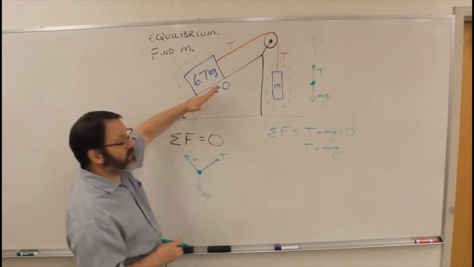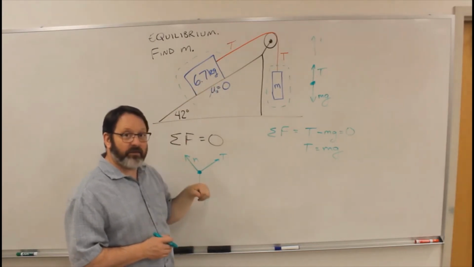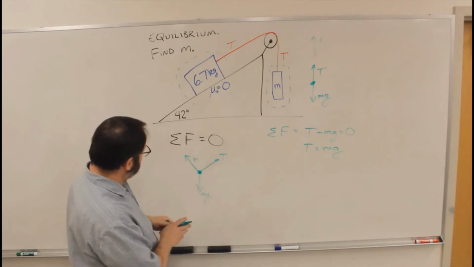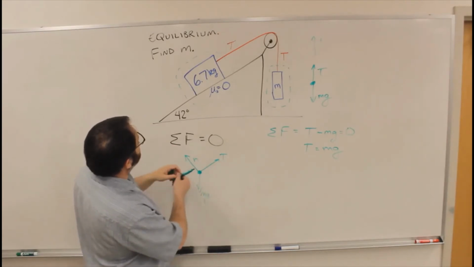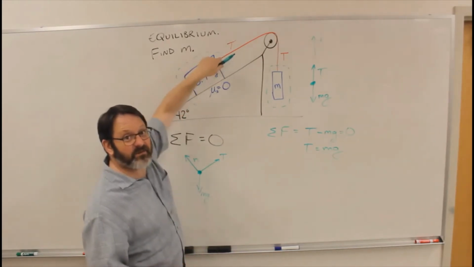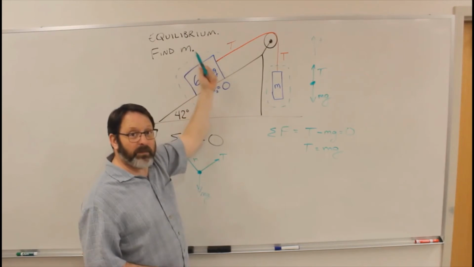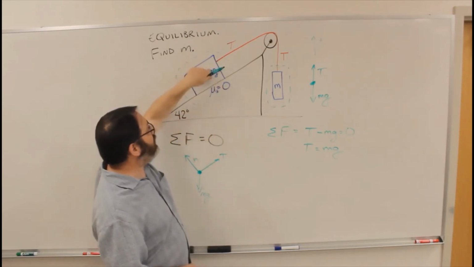Well, since it's on an incline, I want to think about the force parallel and the force perpendicular. What I really want to know is T, so that's the parallel direction. So that's the first thing I'll think about. We may end up having to go back and doing the perpendicular side too, but I know we need parallel.